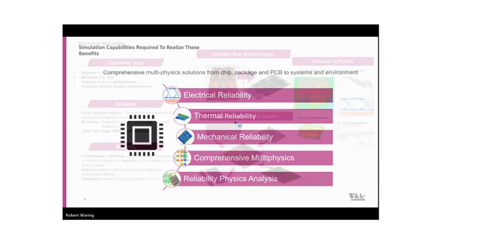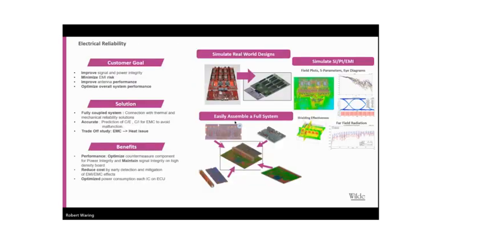In our last webinar, we discussed electrical reliability. We discussed electronic simulation to address concerns related to signal and power integrity, EMI, and EMC. If you would be interested, you could request a recorded version of that webinar.